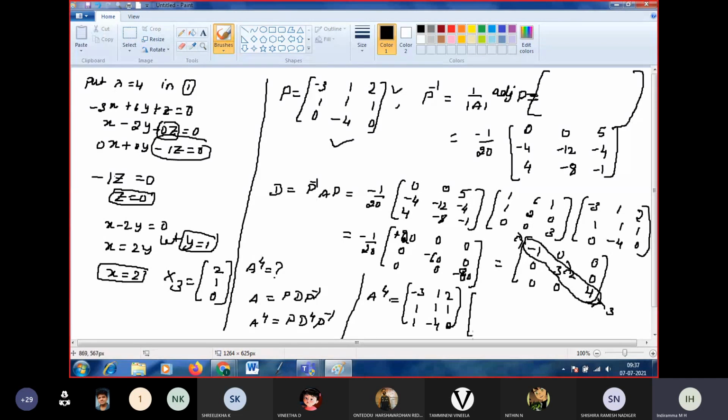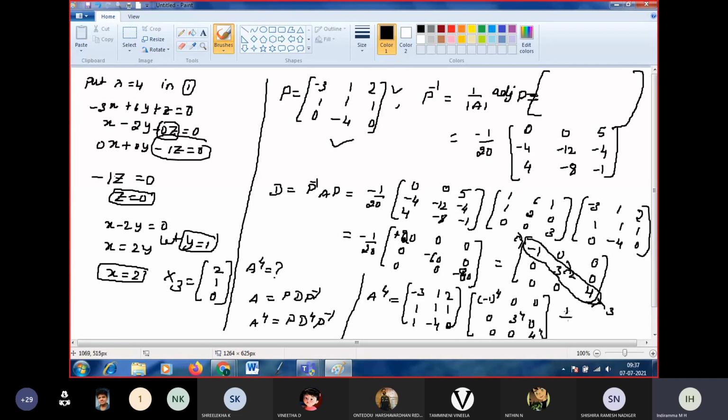Into D power 4. D power 4 means the diagonal matrix to the power 4: -1 power 4, 0, 0, 0, 3 power 4, 0, 0, 0, 4 to the power of 4. Into P inverse.